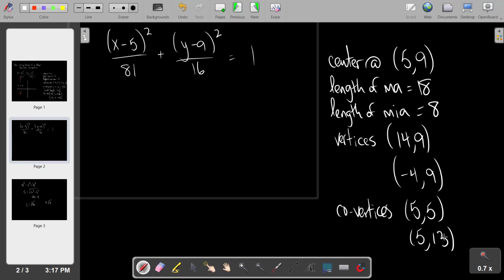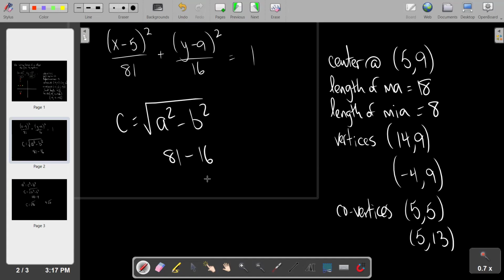All right, we need C, and then we need to use C to modify one of the coordinates to find the foci. So again, I don't think there's a lot going on. So what is our formula for C? It's the square root of a squared minus b squared, right? And a squared is 81, I believe. And b squared is 16.